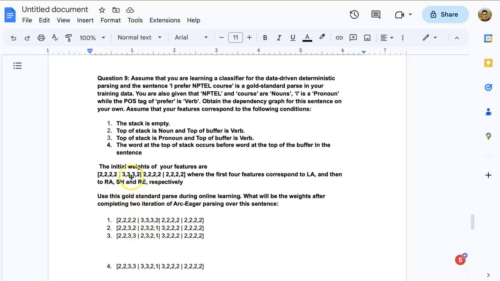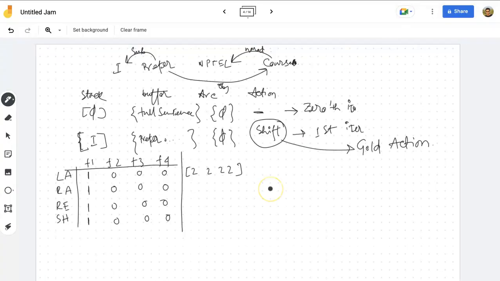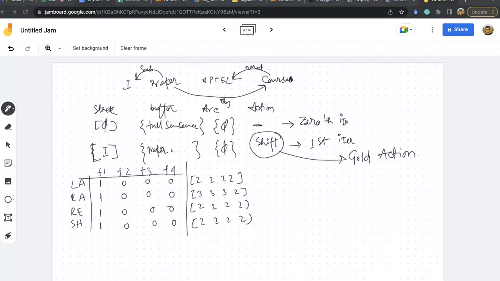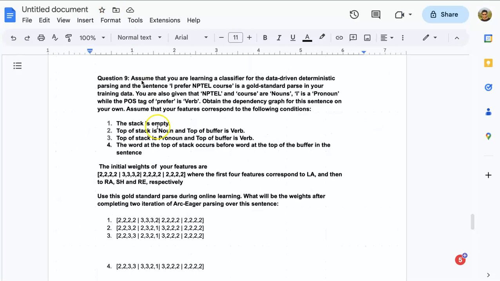For right arc it is 3, 3, 3, 2, and for all the others it is 2, 2, 2, 2, 2, 2, 2, 2. So if you just check, for all of these it is 2.